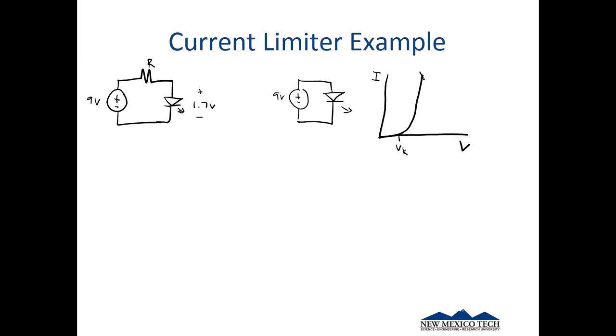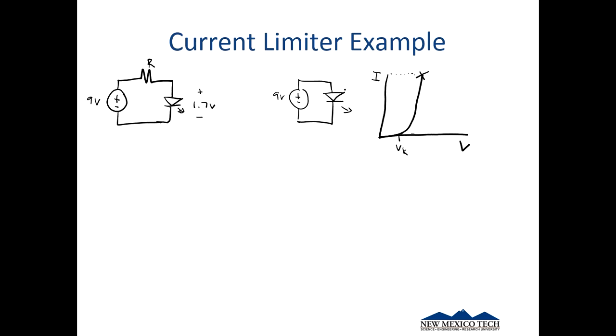Then something like this. And remember there's this nice little X out here where we've exceeded some current and the LED burns up. The idea is if we have just a little tiny change in voltage, we can have a huge change in current.